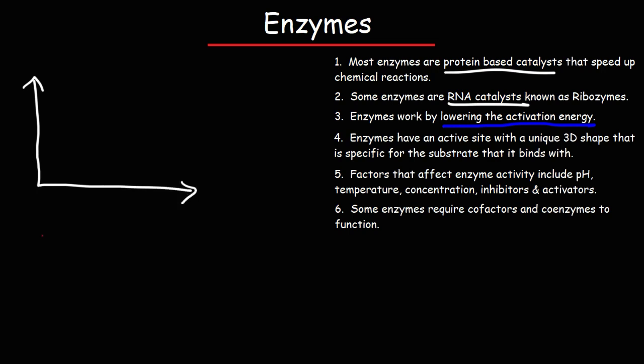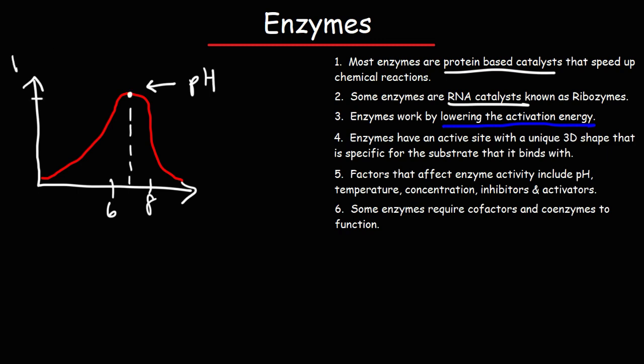Most enzymes, their optimal pH is somewhere between 6 and 8 because your body has a pH between 6 and 8. The optimal pH will be the X value that occurs at this point. So in this example, that would be somewhere around 7.